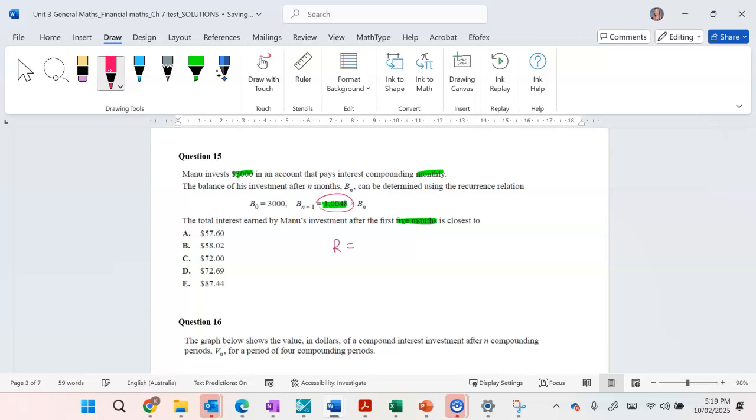All right, so we're doing a compound interest investment. Your R value is calculated using this formula, which is on your formula sheet. Remember, you might have an N there instead of P. So that's 1.0048. Our interest rate is what we've got to work out, and the compounding periods is 12.